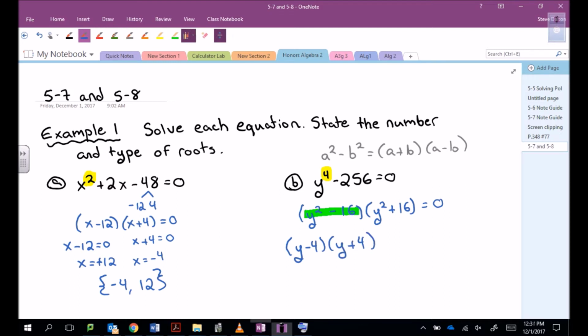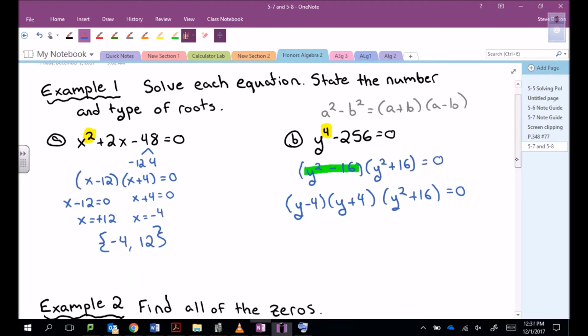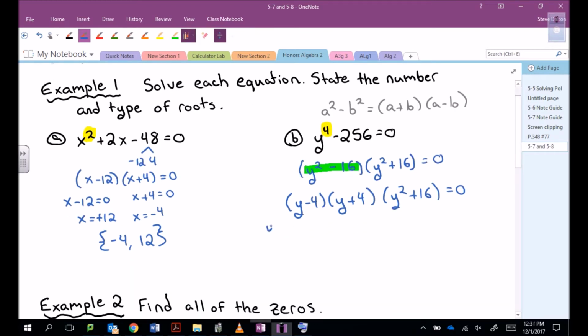And then I'm going to bring down my y squared plus 16, and I set all of that equal to 0. Again, using our zero product property, I can say y minus 4 equals 0, y plus 4 equals 0, and y squared plus 16 equals 0.